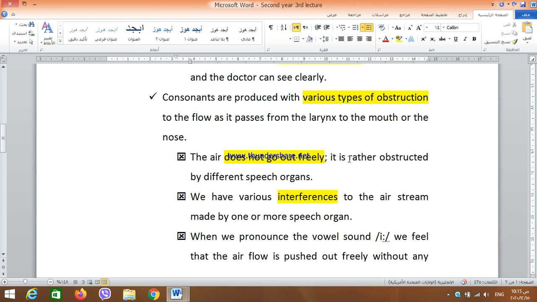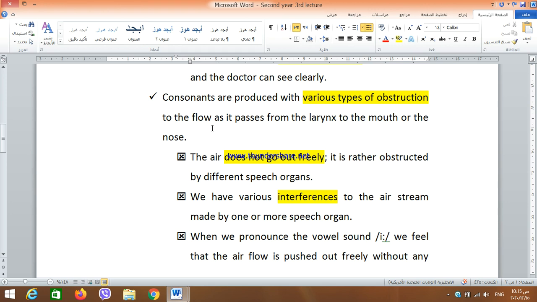On the other hand, consonants are produced with various types of obstruction to the airflow when it passes from the larynx to the mouth or to the nose.